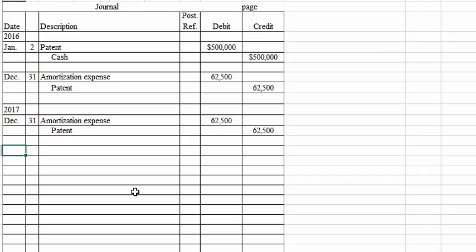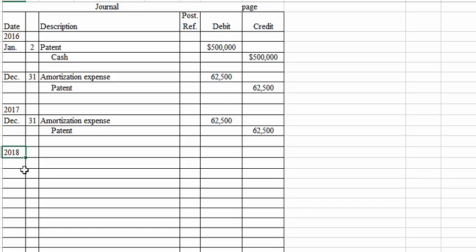Okay, so now we go to 2018. And they tell us in January 2018, the company incurred legal fees of $45,000 in successfully defending a patent infringement suit. Well, that increases the value of the patent.